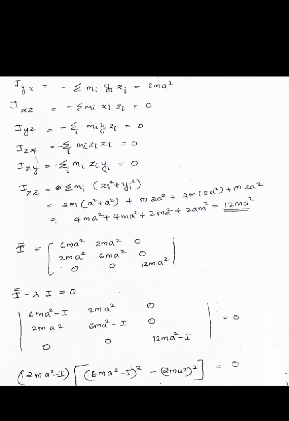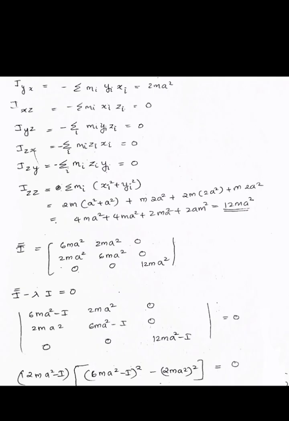So the inertia tensor can be written as 6ma square, 2ma square, 0; 2ma square, 6ma square, 0; 0, 0, 12ma square. That is inertia tensor minus lambda I is equal to 0. That is 6ma square minus I, 2ma square, 0; 2ma square, 6ma square minus I, 0; 0, 0, 12ma square minus I, which is equal to 0.